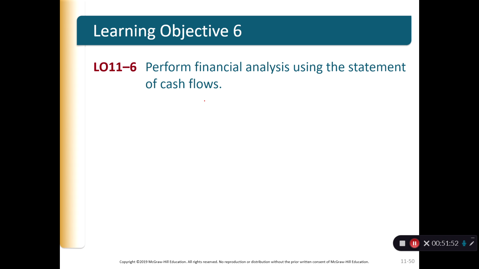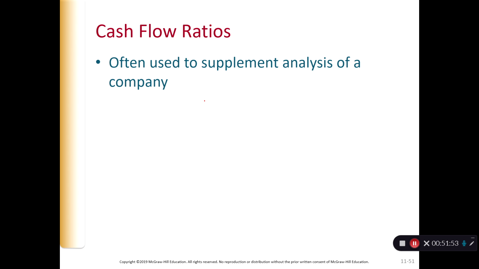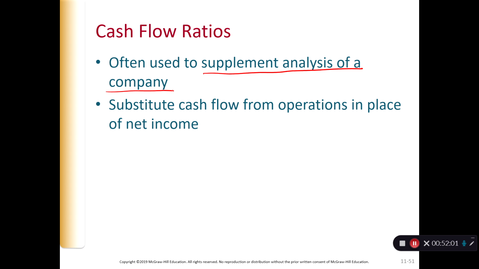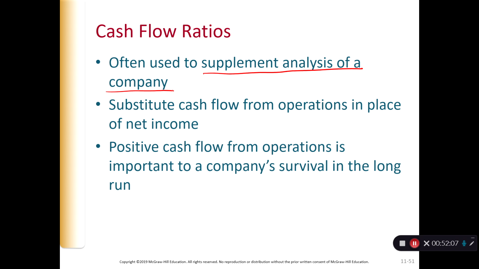First of all, we want to perform financial analysis of the statement of cash flows. Cash flow ratios are often used to supplement analysis of a company, right? And then we want to substitute cash flow from operations in place of net income. When there's a positive cash flow from operations, it's important to the company's survival in the long term.